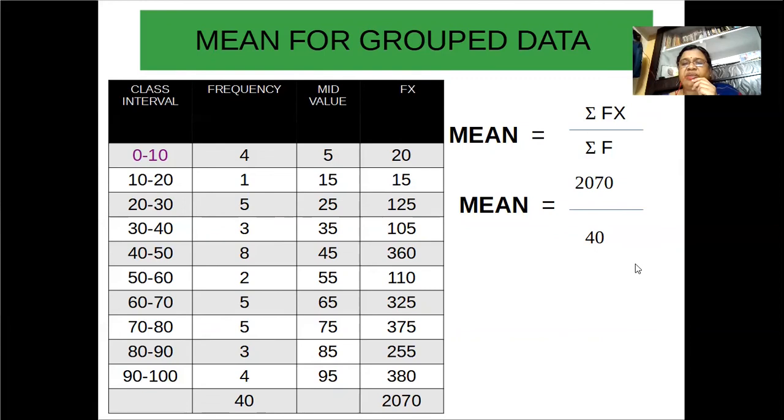So when you divide sigma fx with sigma f, sigma is nothing but sum of frequencies. Sigma fx is nothing but sum of the product of frequency and mid value. So what will be the answer now? So the answer is 51.75. So this is how we'll find out the mean for a grouped data.